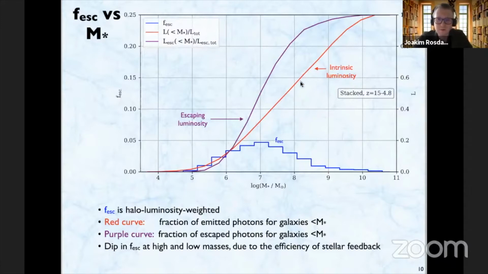You can see here in the red curve the cumulative intrinsic luminosity of galaxies below a given stellar mass. And then you can see in the purple curve just a convolution of the red and the blue, so basically an escaping luminosity below a given stellar mass. And you can see that the peak here and the drop in escape fraction shifts the escaping luminosity compared to the intrinsic one.